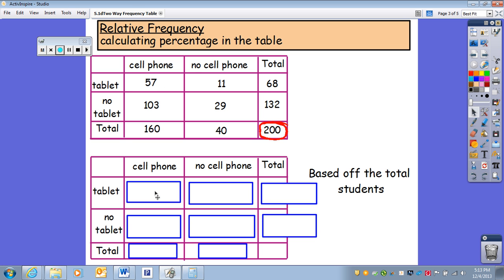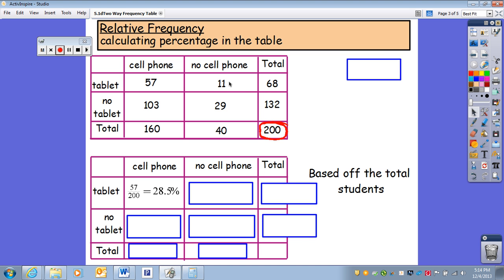So what we would do is take 57 divided by the total, which is 200. We would get a decimal of 0.285, and then remember, in order to convert a decimal to a percent, we move the decimal 2 places to the right, giving us 28.5%. Now let's calculate how many of those students who have a tablet but do not have a cell phone.